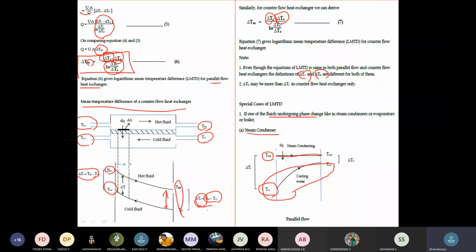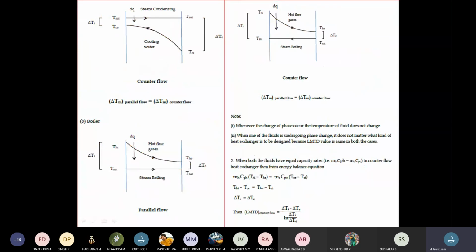The cooling water, having a lower temperature, gets the heat transferred from the steam, and exits at a high temperature. So that is for the parallel flow.